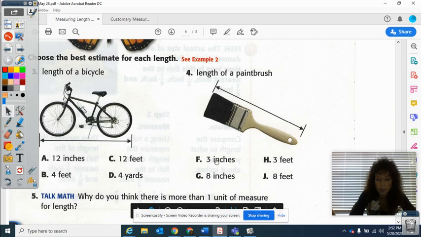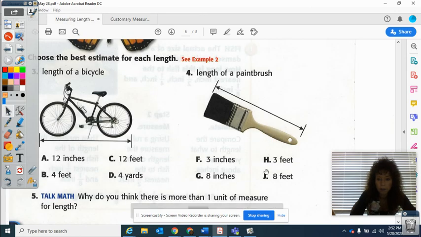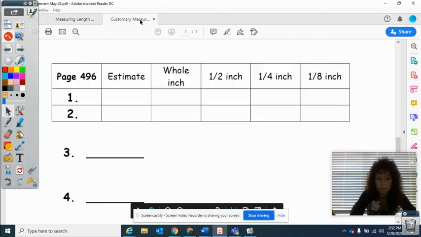F, 3 inches, G, 8 inches, H, 3 feet, or J, 8 feet. So you're going to write your answer here. Just F, G, H, J. Okay? Write your answer here.